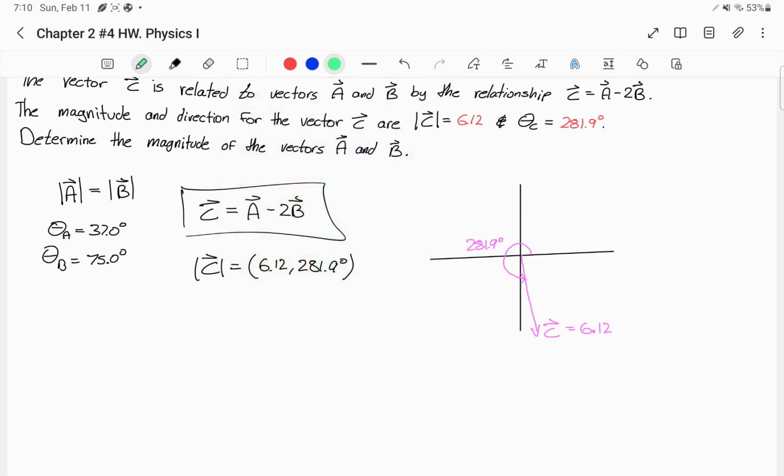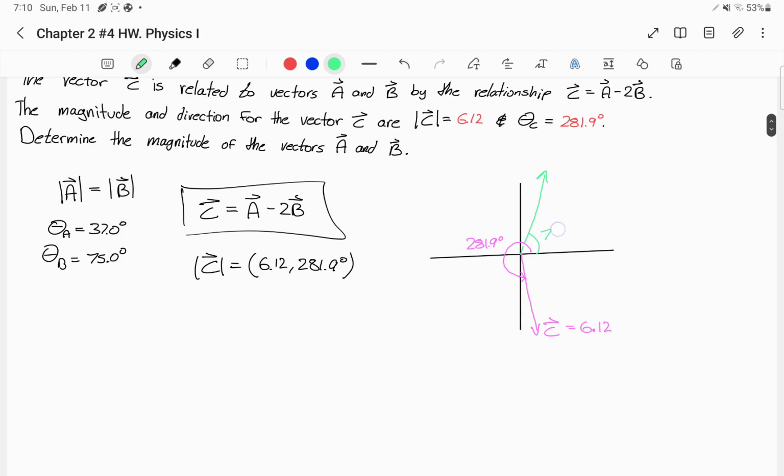Now we're going to do the vector B. We don't know the magnitude, but we do know the angle of this vector, which is 75. We know right here is 90 degrees, so a little less; 90 minus 15 should be about right here. And that angle is 75.0 degrees.